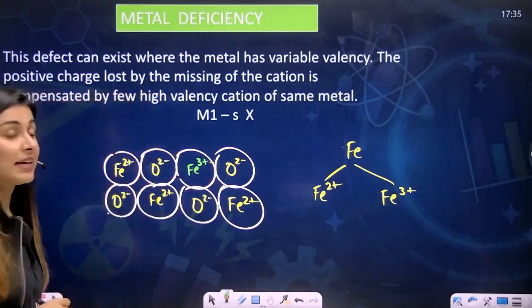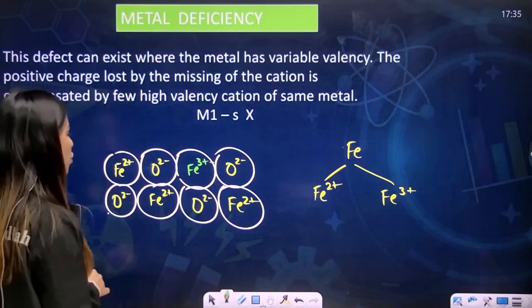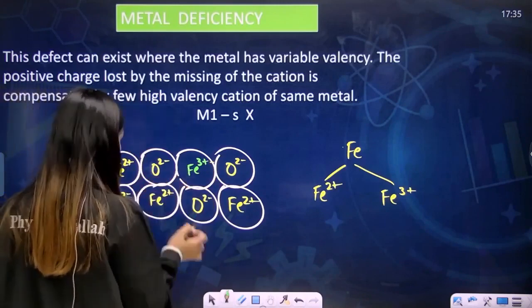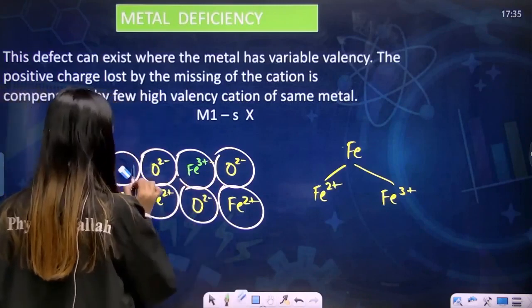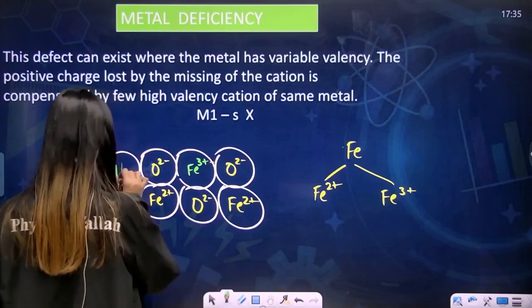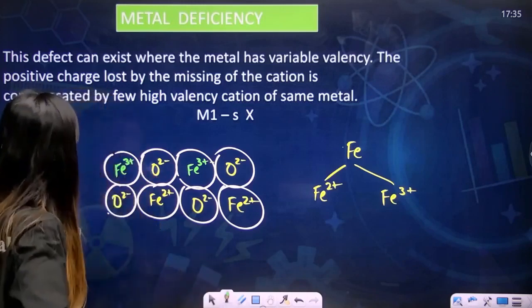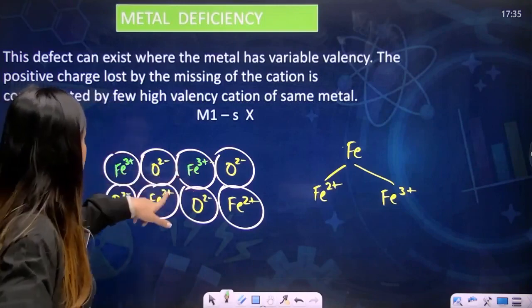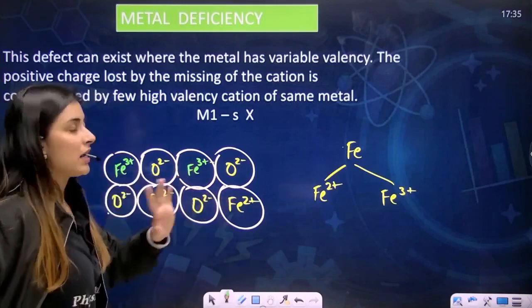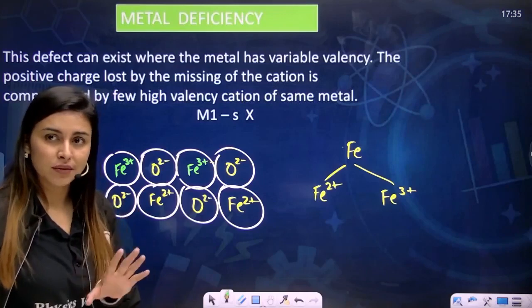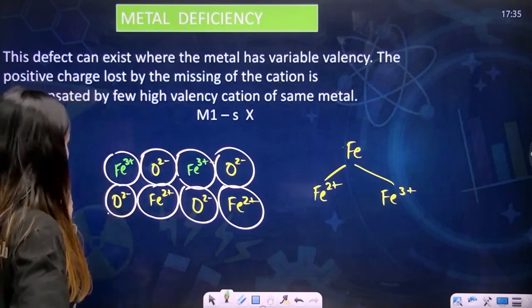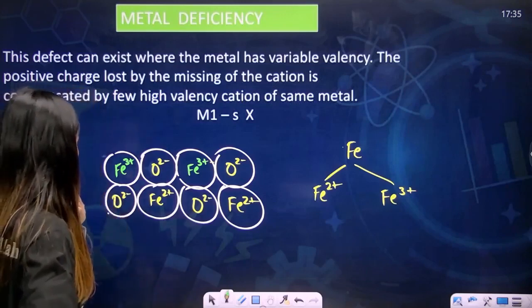Yes, and also now I change this Fe2 plus to Fe3 plus, right? Yes, so now I have 3 plus 3 is 6, 7, 8, 9, 10, 10 of the total positive charge. No, there is something wrong with it.